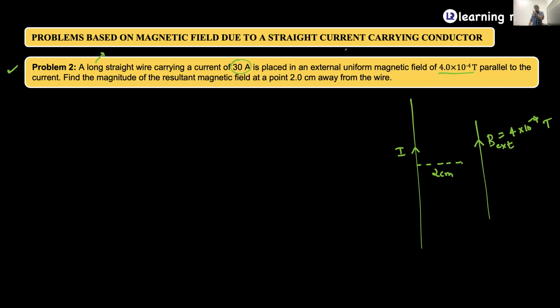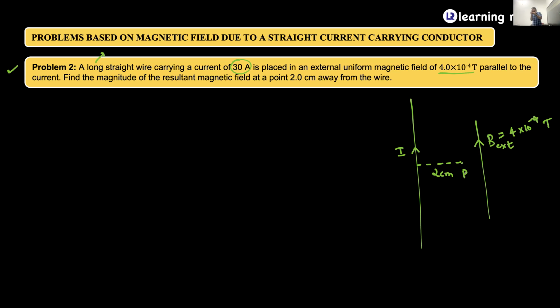So listen. The conductor is placed like this, and the magnetic field is parallel to it. If I take a point P on the right of this current carrying conductor, what is the direction of magnetic field? Using the right hand thumb rule, current is like this, take the thumb and place it like this.